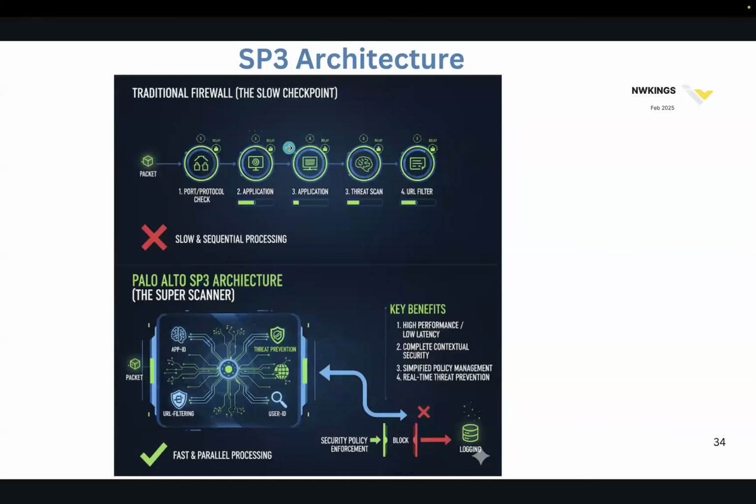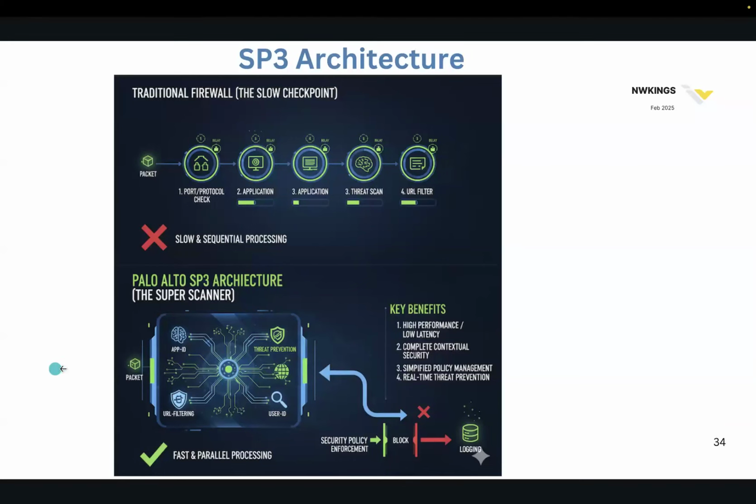Okay. Now this Palo Alto SP3 architecture, what they did: if a packet is coming, this is the brain, the centralized management system. It will check, oh, it has to do the App-ID, it will send some for the App-ID. Okay, it has to do the URL filtering. So everything at the same time, single pass.